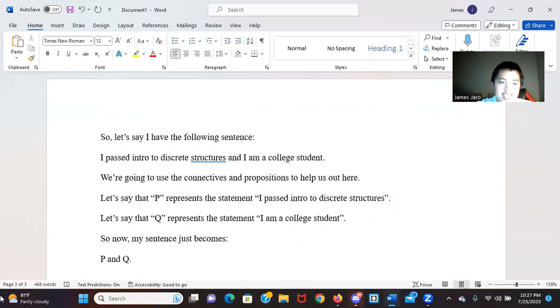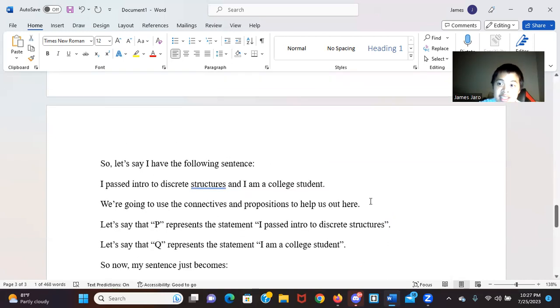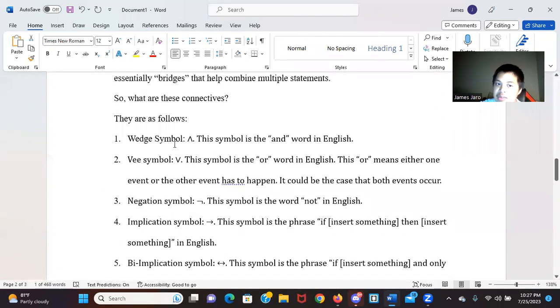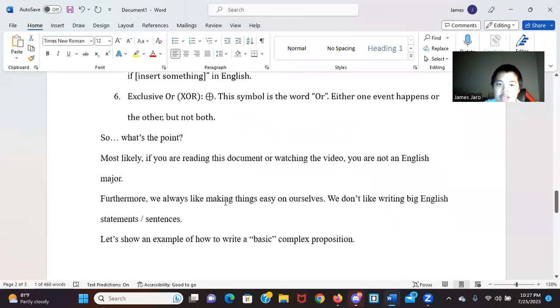So instantly, this is a lot better, but I'm even lazier. Now I'm going to look at this word here. It says and. I know what and is in the connective world. In the connective world, and is the wedge symbol.